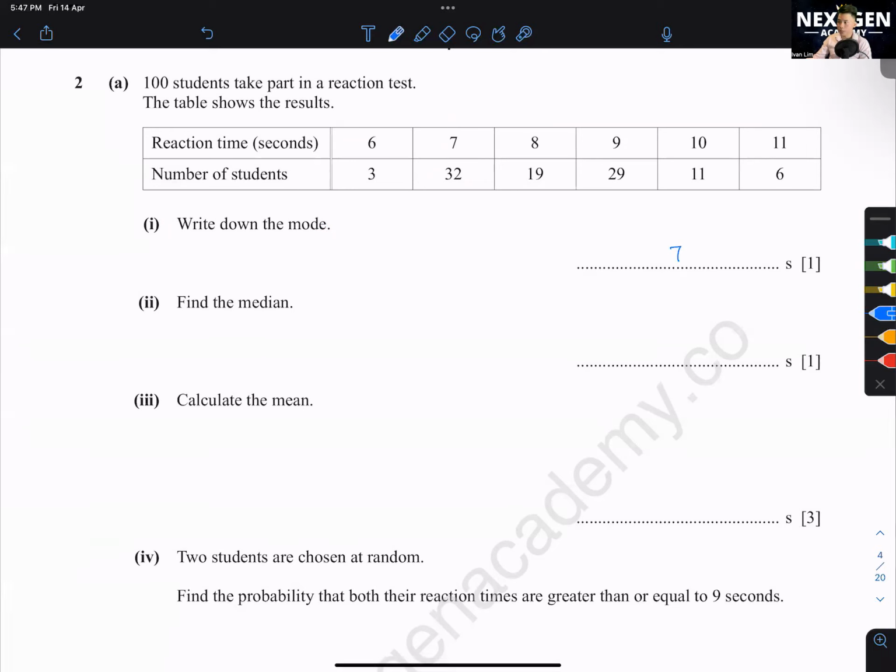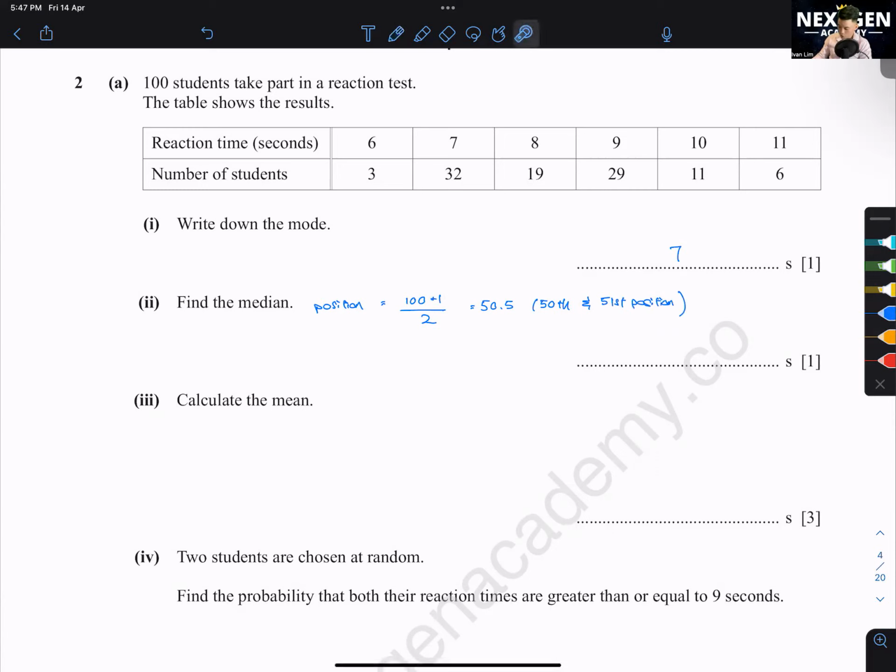Okay, find the median. Okay, you got to remember, median is you need to find where is it first, right? So where's the position first? N plus 1 divided by 2. So the 50.5th position means what? The 50th and 51st position, right? Okay, we have to find the average of this if it's 2 different values.